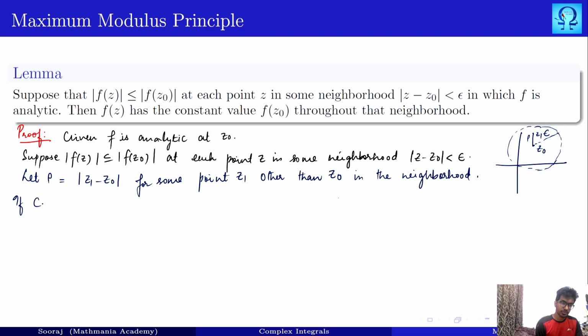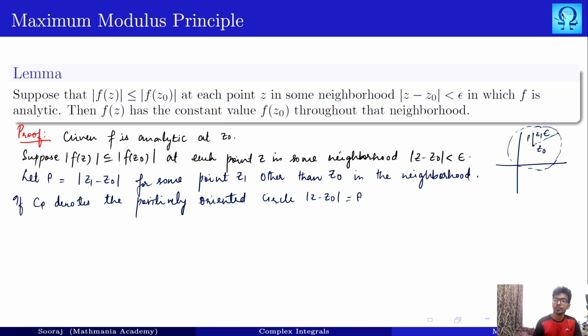Next, if C rho denotes the positively oriented circle, absolute of z minus z naught equals rho, centered at z naught and passing through z1.